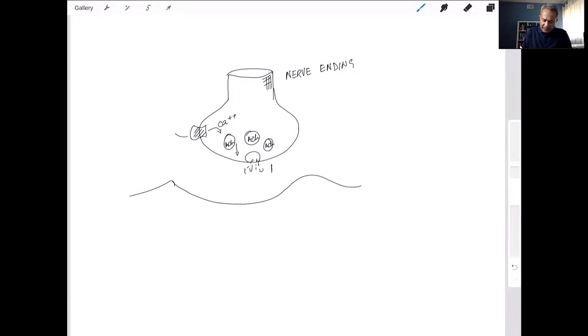So once the acetylcholine is released, it will go and act on the receptors on the postsynaptic membrane, or the membrane on the muscle.